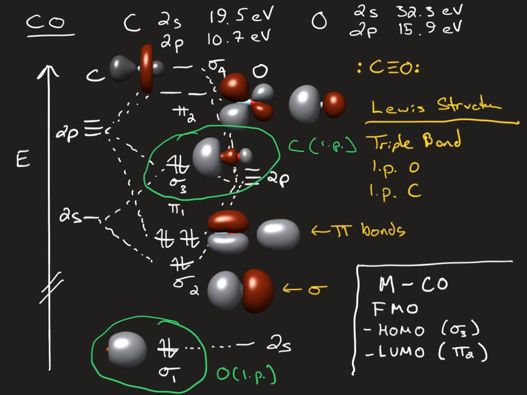As we'll see, a lot of chemistry can be rationalized using a frontier molecular orbital analysis, understanding how the HOMO and the LUMO of molecules interact with one another. For CO, the reason that it binds through the carbon is that the HOMO, the electron pair that it can donate into the metal center, is mostly carbon-centered, while the LUMO, the orbitals that can accept electron density from the metal center, are also mostly carbon-dominated. And this is why we get primarily binding of CO to a metal through the carbon as opposed to its oxygen.